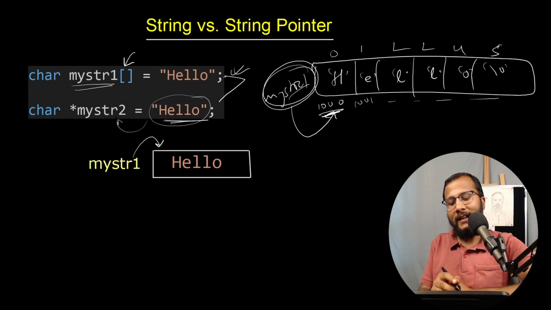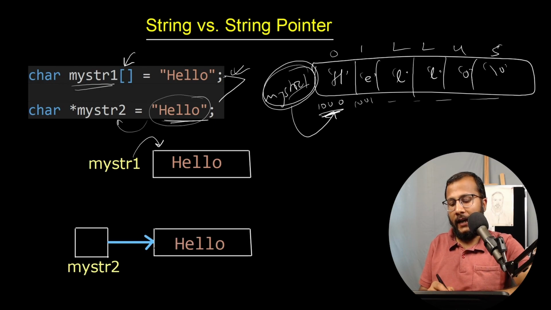My str2 would contain the base address of the particular string constant hello. Pictorially, hello is there, and my str2 would contain the address of hello. So my str2 is actually pointing to this string constant hello. Let's say the starting address here is 1000, so 1000 is stored in my str2.